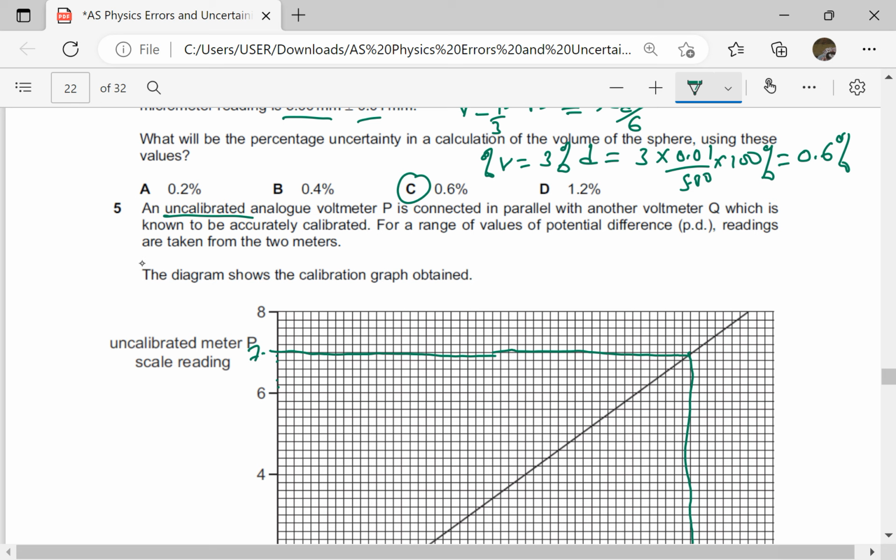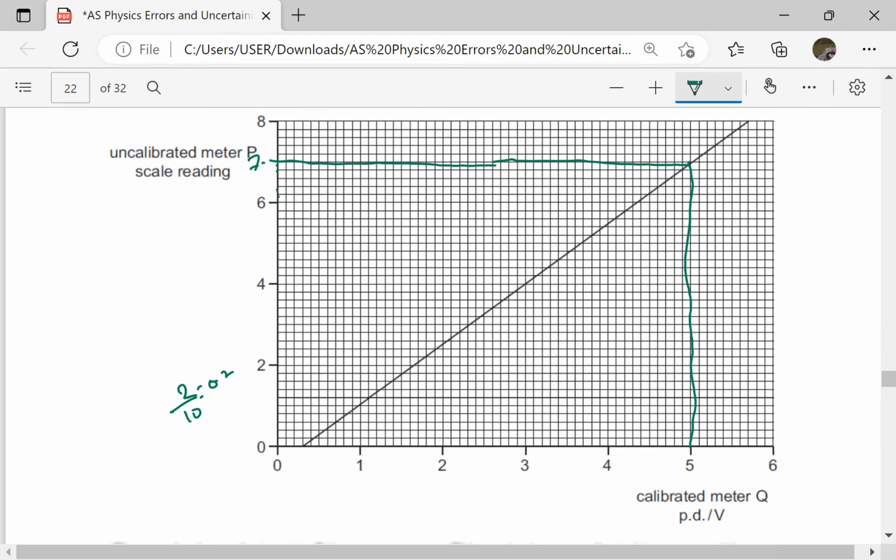An uncalibrated analog meter P is connected in parallel with another voltmeter Q, which is known to be accurately calibrated. For a range of values of PD, readings are taken from the 2 meters. The diagram shows the calibration graph obtained.